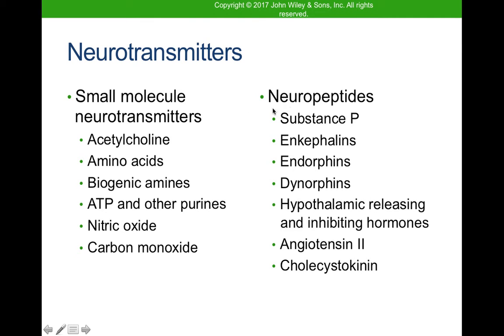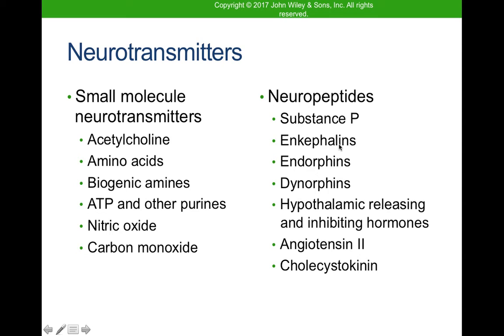The important small molecule neurotransmitters include acetylcholine, the amino acids glutamate, aspartate, gamma aminobutyric acid or GABA, and glycine. We also have biogenic amines, norepinephrine, epinephrine, and dopamine.